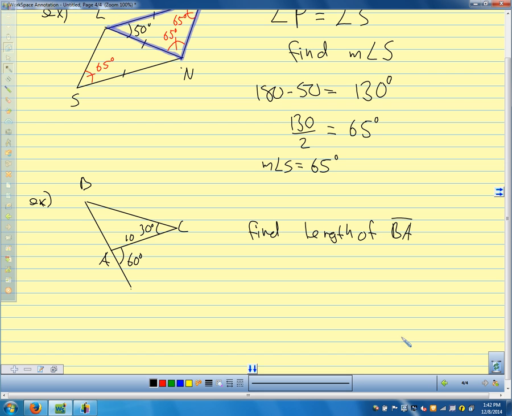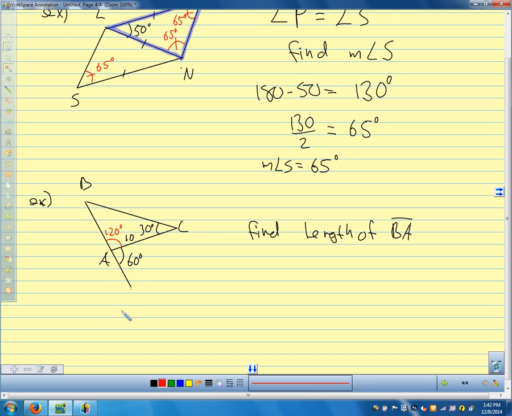All right. What can we figure out here? 180 minus 60, right? These two are a linear pair. So 180 minus 60, what does that leave for this angle? So that has to be 120 because those are a linear pair.